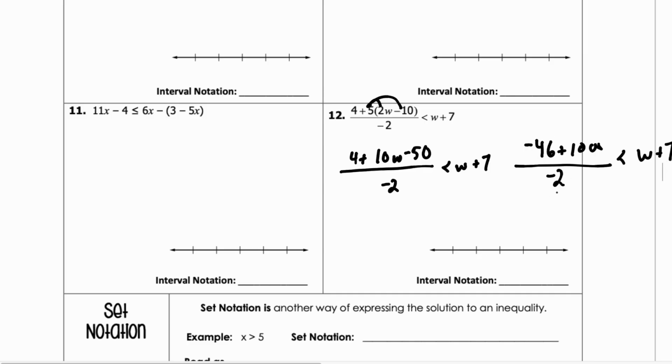I'm going to reduce this fraction. 46 divided by 2 is 23, and it's positive since these two are negative. Now it's a positive 23. And 10 divided by -2 is negative 5w is less than w plus 7. I'm going to bring my 5w to the other side so I don't have to deal with negatives if I can avoid it.